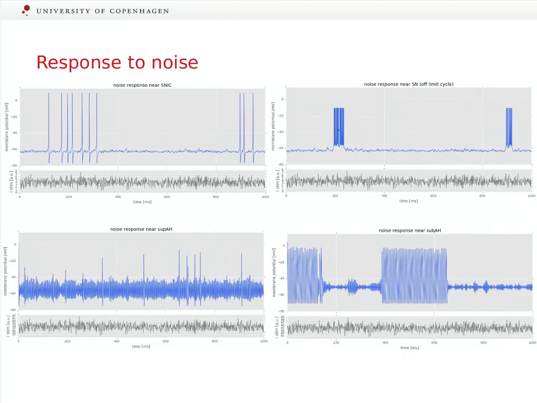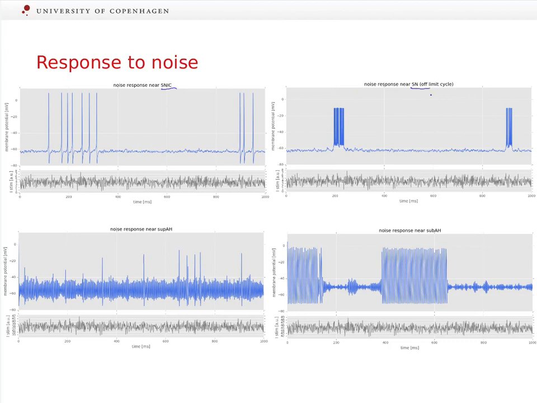Real neurons are bombarded by postsynaptic currents at tens of thousands of synaptic connections at various timing and having either depolarizing or hyperpolarizing effect. Let's then look at how the simplified model near the four types of bifurcations behaves if driven with noisy input. This is the neuron near saddle node on invariant circle.